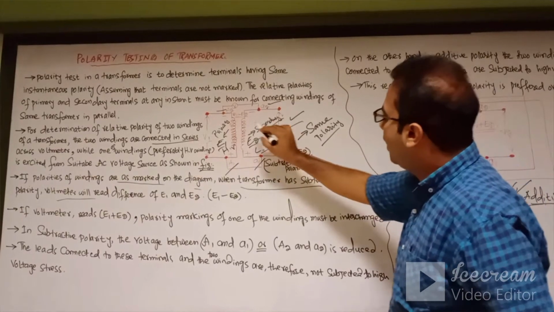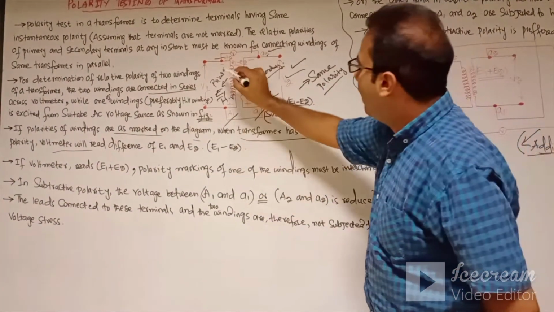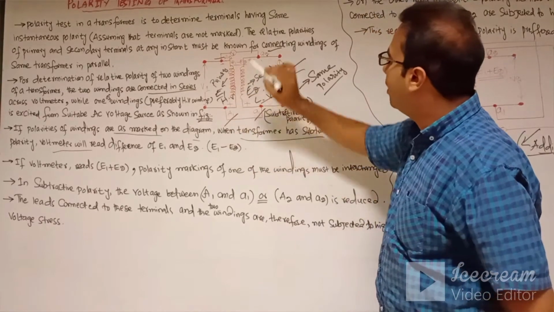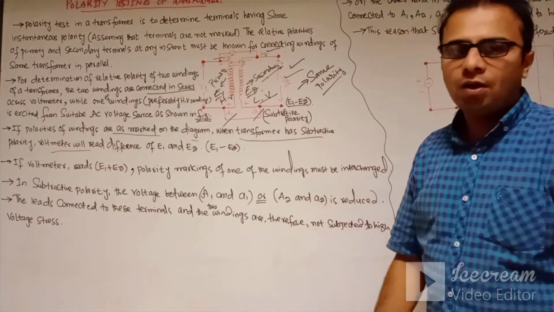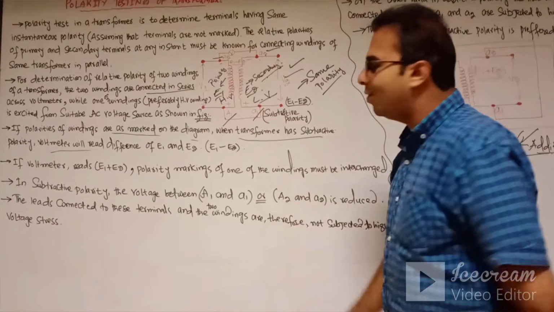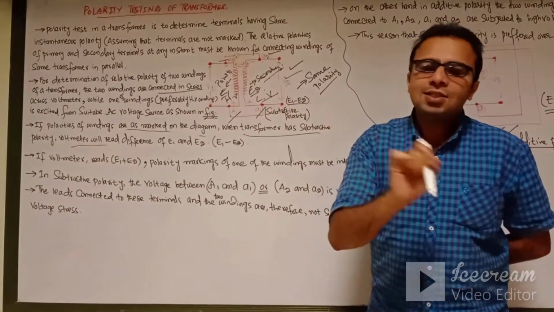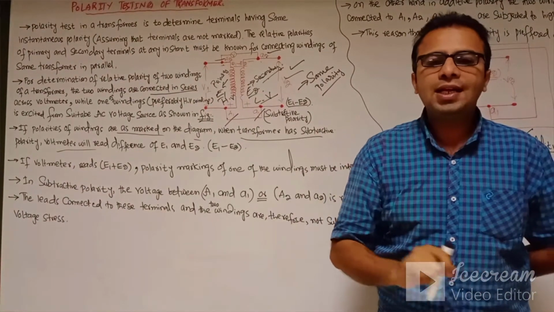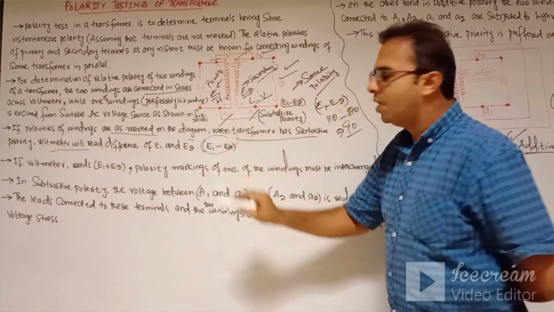That means if A2 on the primary side is connected with A2 of the secondary side, and A1 of the primary side is connected with A1 of the secondary side, this type of polarity is called the subtractive polarity or the same polarity, because here E1 and E2 have the difference.